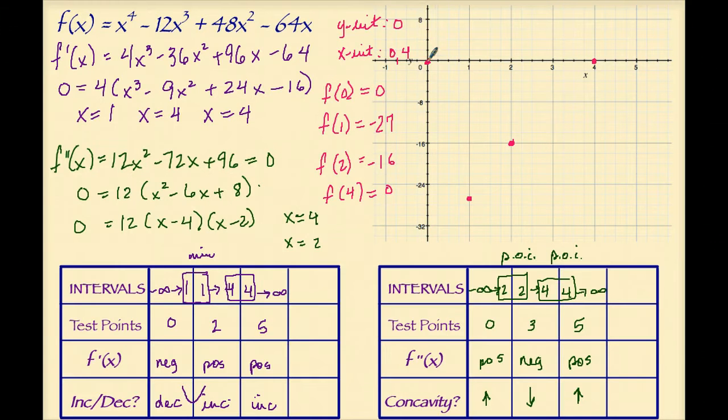So as it has to come through the point 0, 0, we know the function is decreasing until it gets to 1. Furthermore, it is concave up all the way to 2. So as we get to 1, it changes to increasing, and then we know once it gets to 2, it changes concavity.